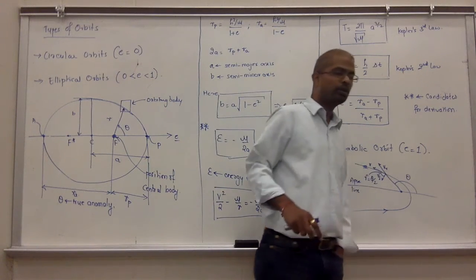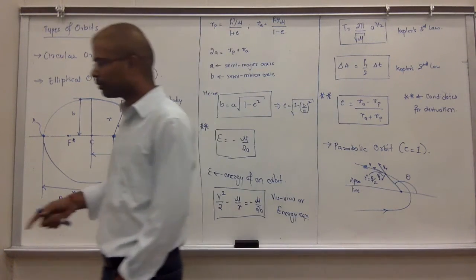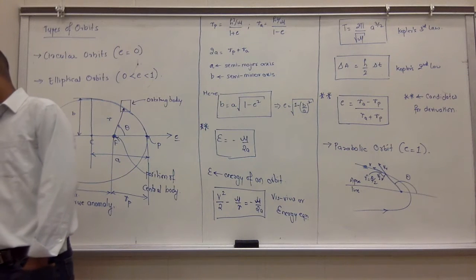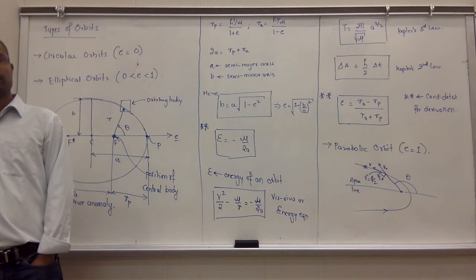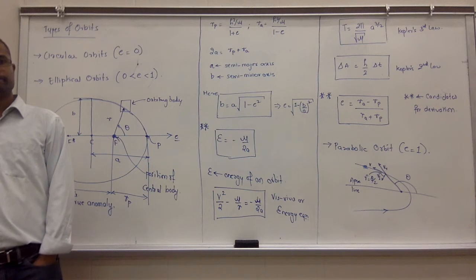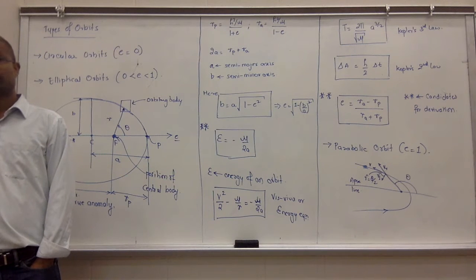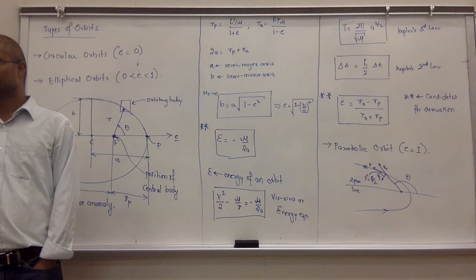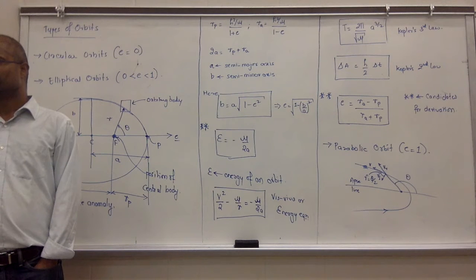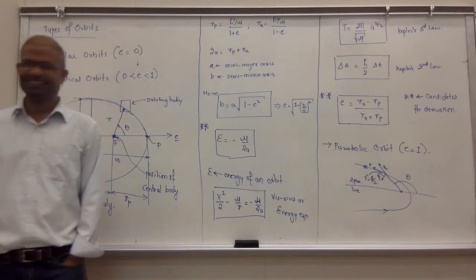And there is something called flight path angle. You have heard about flight path angle as part of your aircraft dynamics as well, right? What is flight path angle? What is the horizon? How do you define horizon? The sky and earth tension.